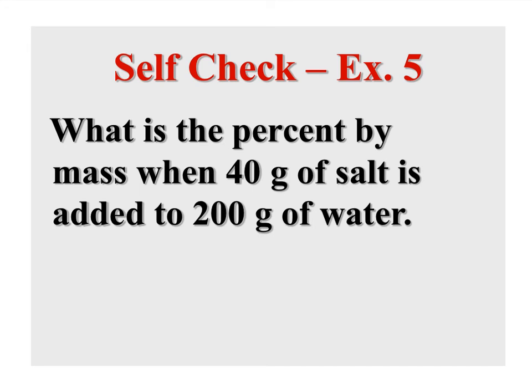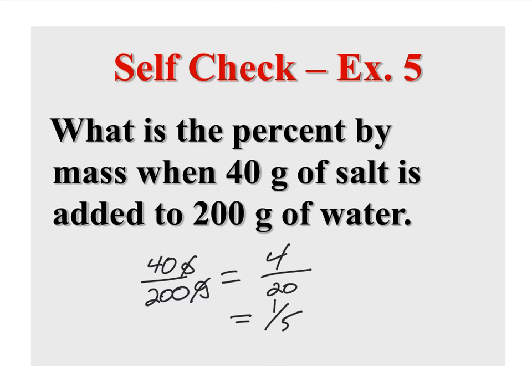All right, so what is the percent by mass when 40 grams of salt is added to 200 grams of water? That's 40 divided by 200. The grams cancel. And what do you get? Well, you can reduce it to 4 over 20. So that's 1 over 5, right? So then you get 1 over 5, which is equal to 0.20, right?